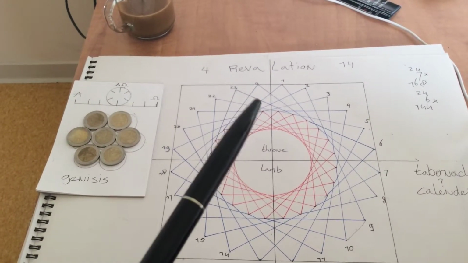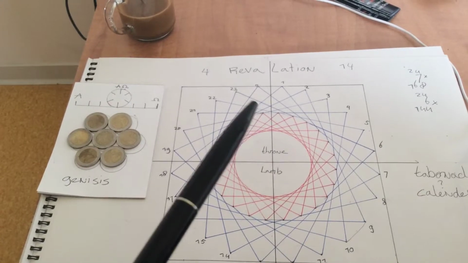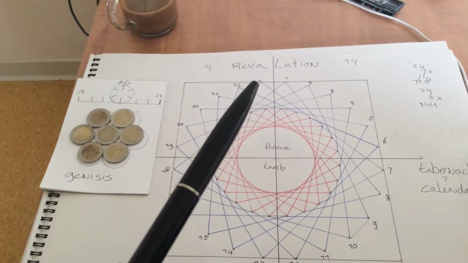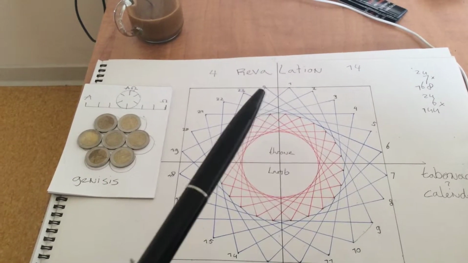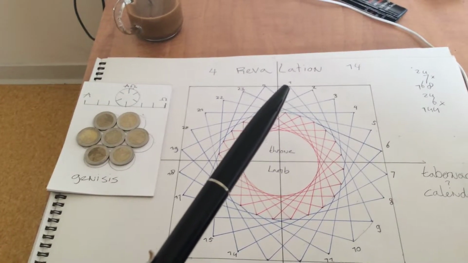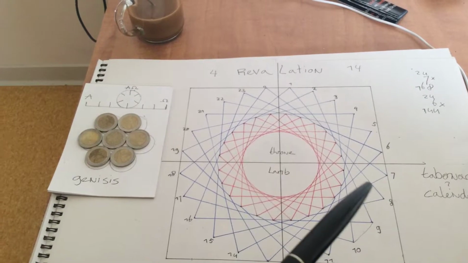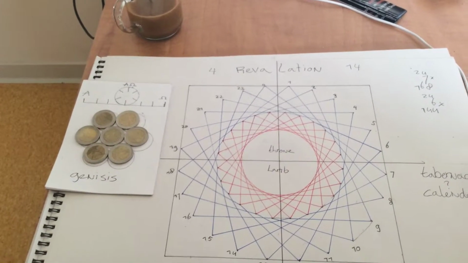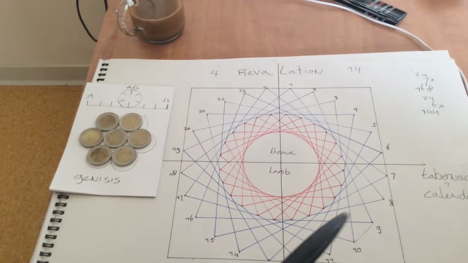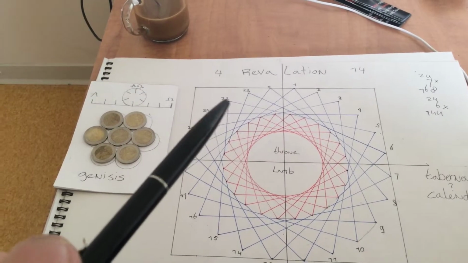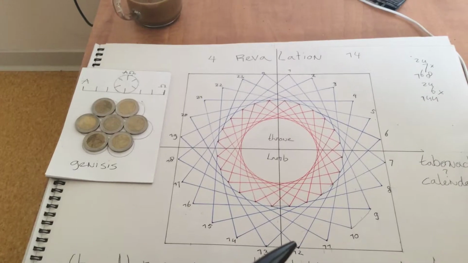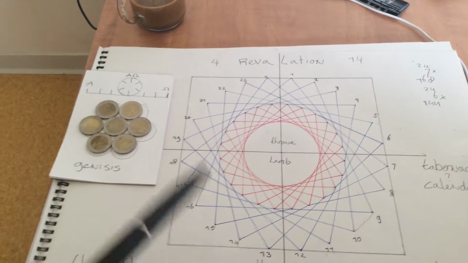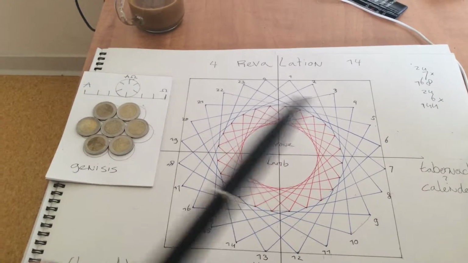I believe the 7 lampstands are a metaphor for making a line from 1 to 8, so let's not be confusing. In between there's 7. And from 8 we can go to 15, and from 15 to 22, and from 22 to 5, and from 5 to 12, and so on. It makes a nice pattern, and it's locked.